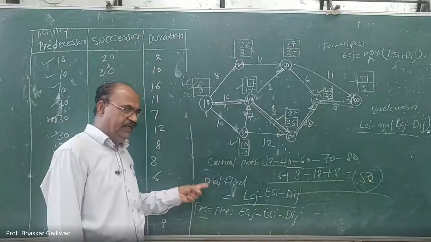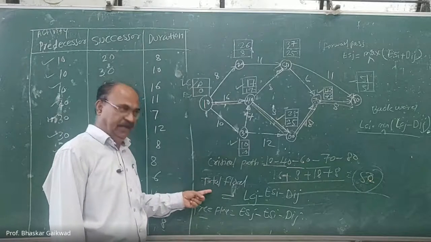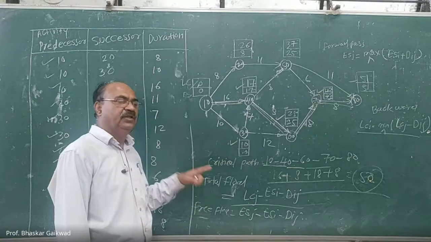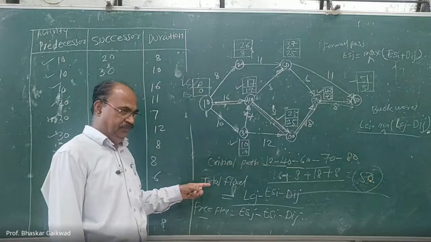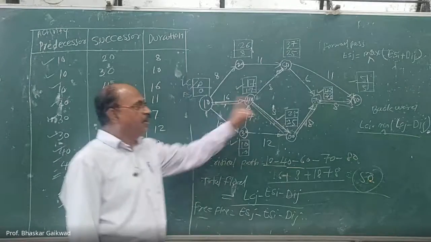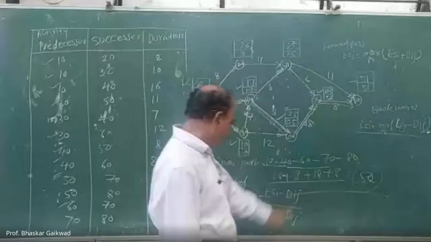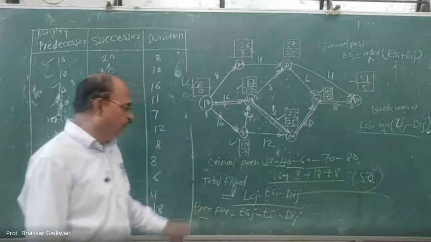Float means that the activity can be delayed. An activity having float can be delayed without affecting the total project time. Correct? So this is the total float and free float.